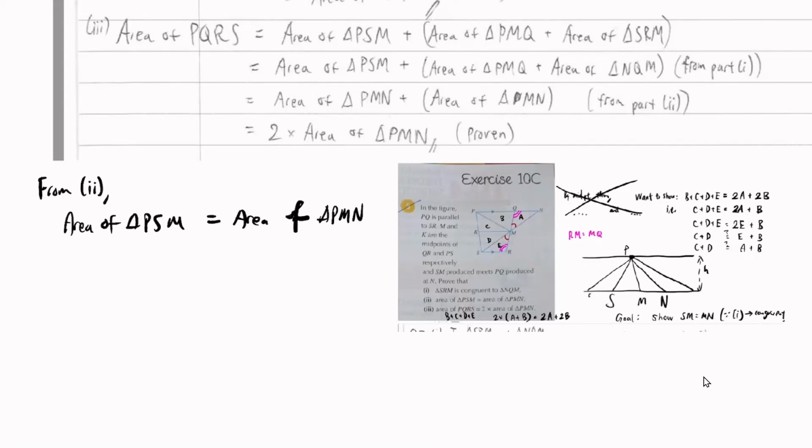PSM is what? PSM is C plus D. I just substitute on the left-hand side. PMN is what? PMN is just B plus A.